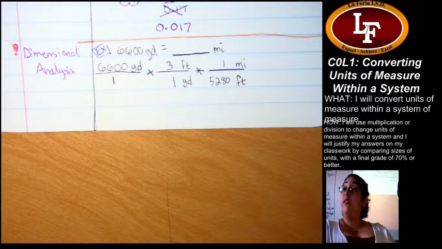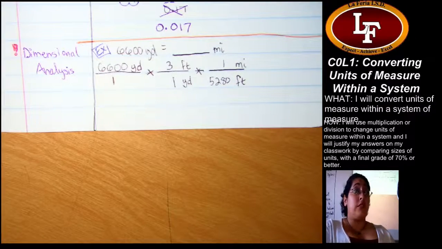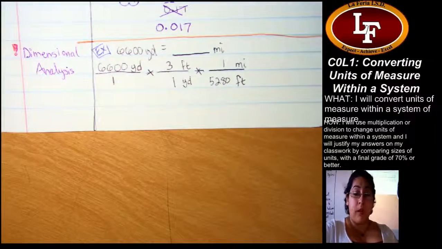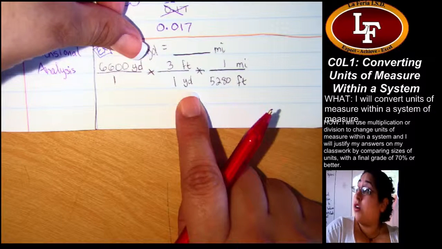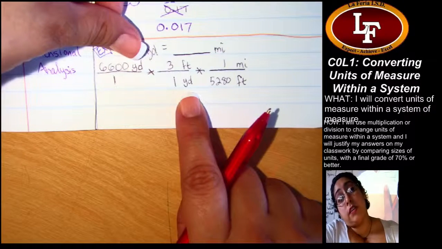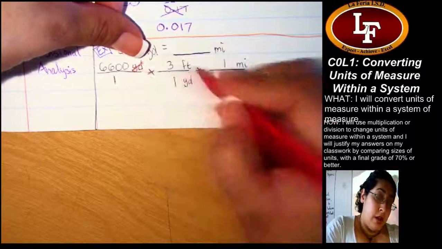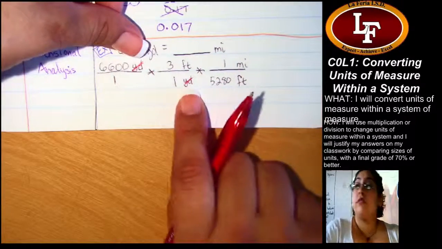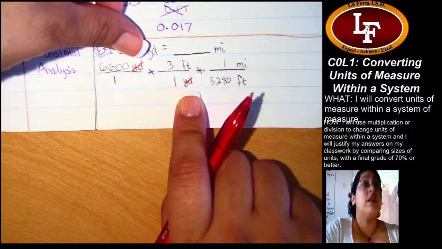And you're done. Now let's check to make sure our dimensional analysis is correct. Okay, we're done with this step. All right, you see yards and yards? 1 yard in the numerator, 1 yard in the denominator. Yes? Goodbye, yards.